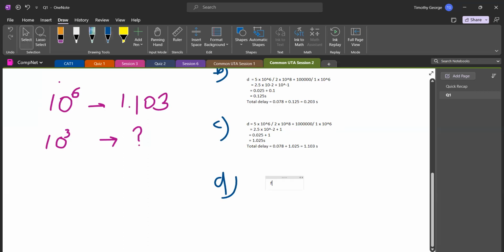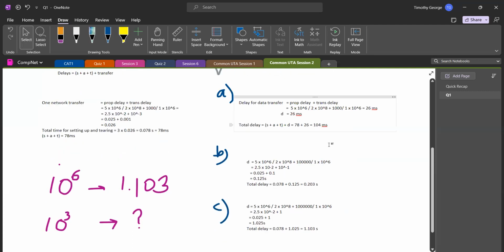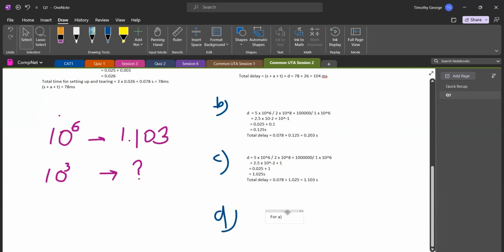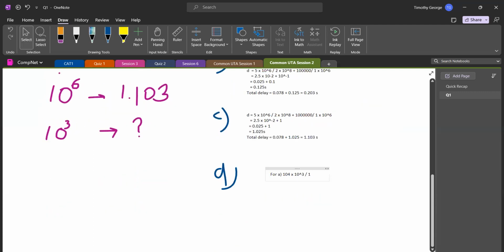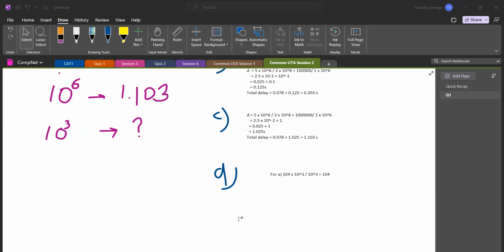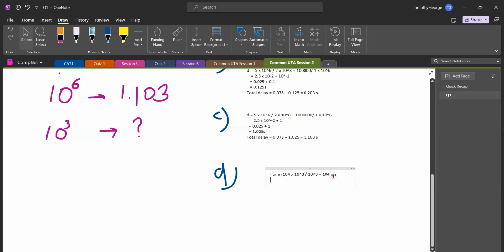So for part A, how much was the total delay? 104. So let's keep it as milliseconds. So 104 into 10 to the power 3 divided by, how much were the bits we had here? 1000. So 10 to the power, again 3. You can see that's again going to come out to 104 milliseconds.